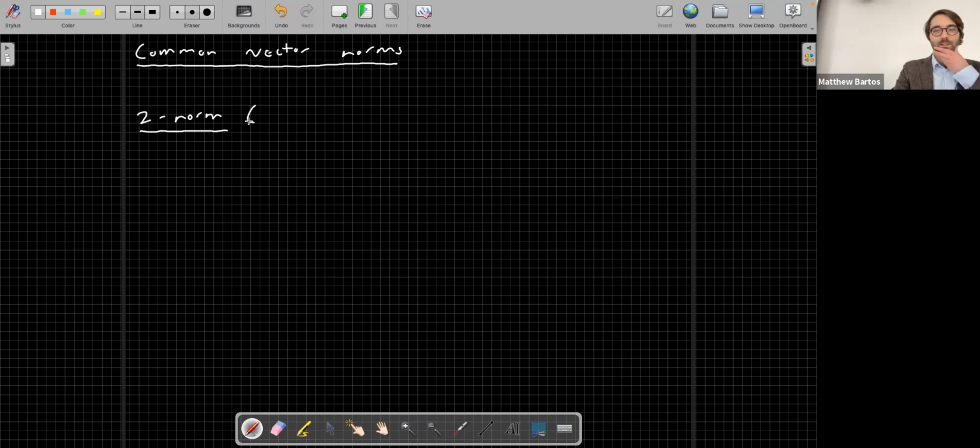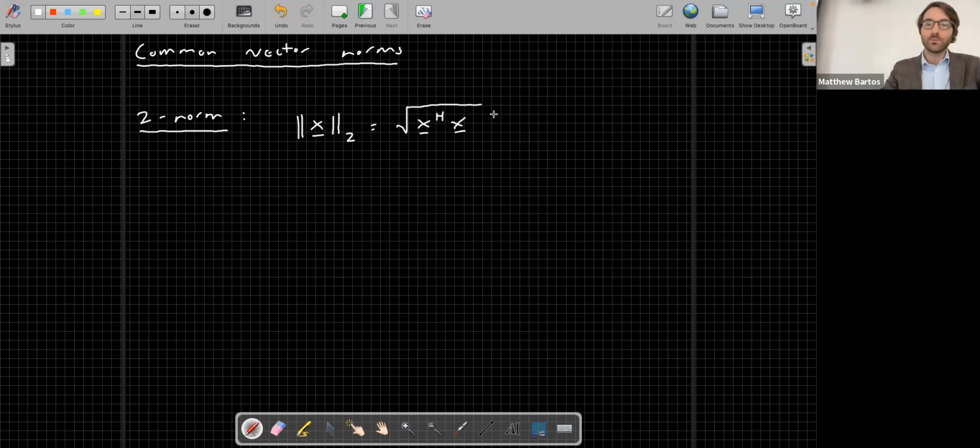This is also known as the Euclidean norm or the L2 norm, and it is defined as follows. So let's say we have a vector x. We're taking the 2 norm. To denote this, we'll usually have these double bars with a 2 in the subscript. The 2 norm of a vector x is equal to the square root of x Hermitian transpose times x.